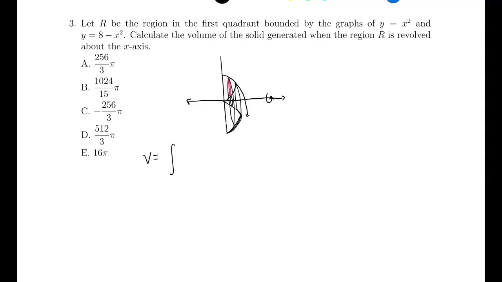You are to get the area of the outer circle, the bigger circle, minus the hole here. That portion there is a hole, so you want to subtract that. So you want the outer circle minus the inner circle.